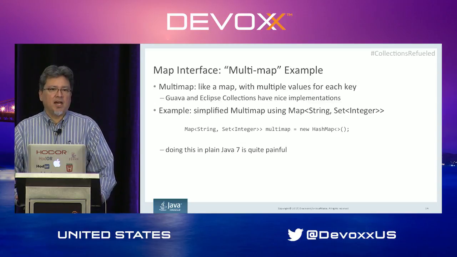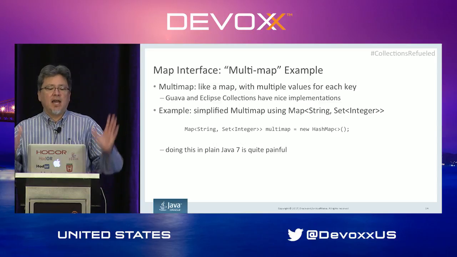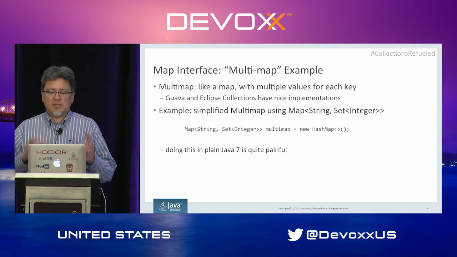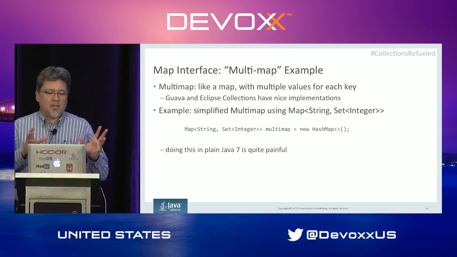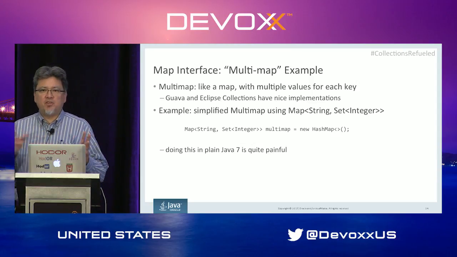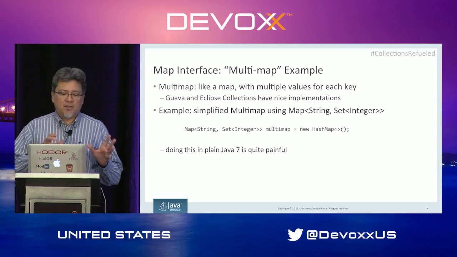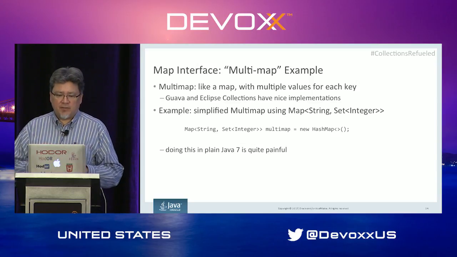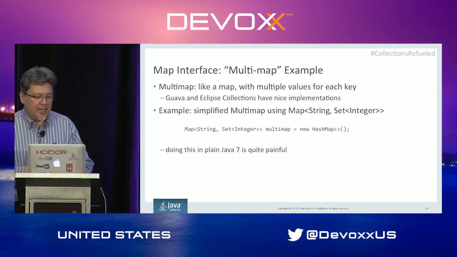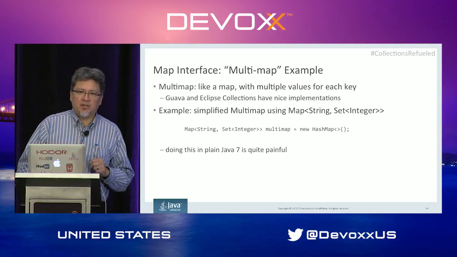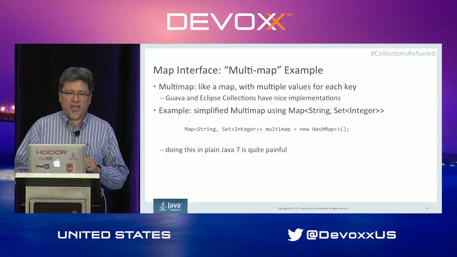And sometimes, if you can't use one of those libraries, what you have to do is say, okay, I can't use a multi-map, so instead, if I want a map from string to multiple integers, I would have a map from string to set of integers, and just store that in a regular hash map. In Java 7 and earlier, this can actually get pretty painful.